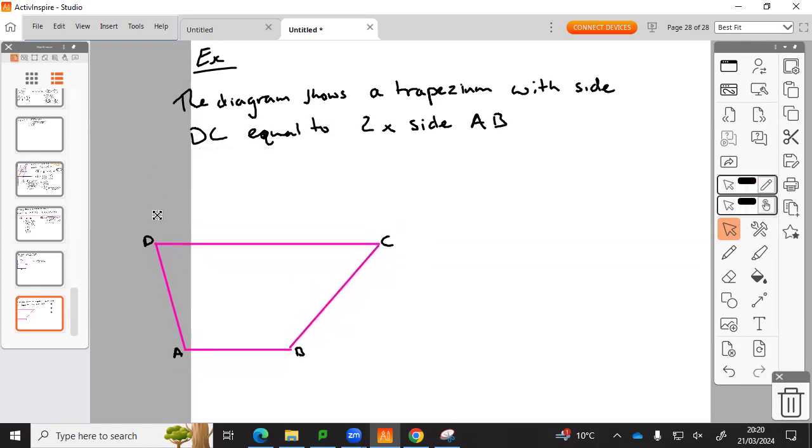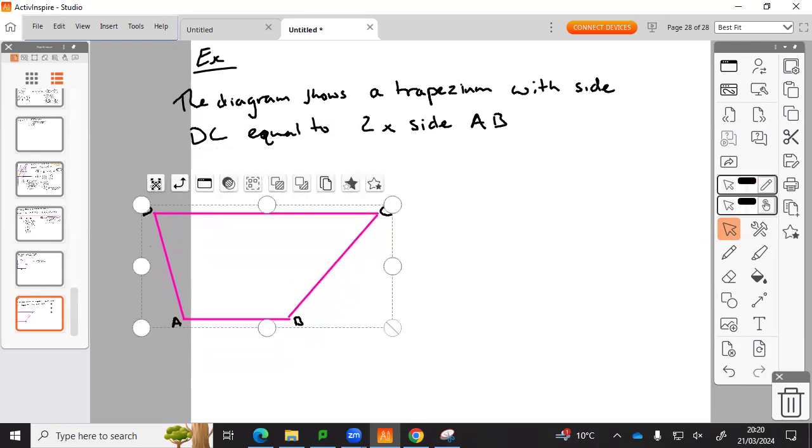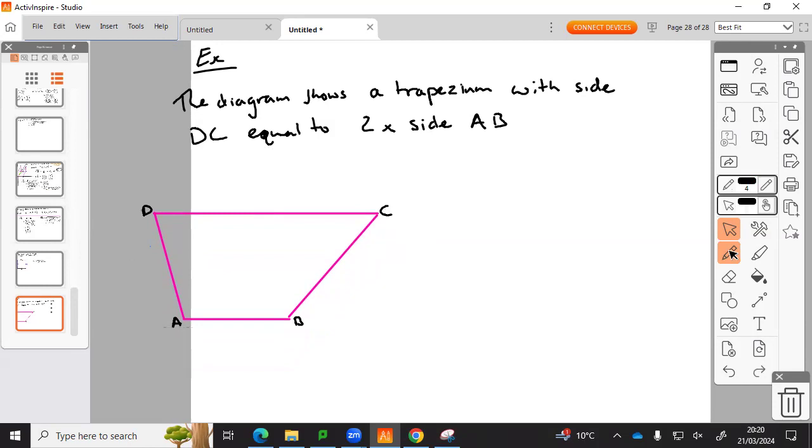Also, as part of the question, it gives us the notion that vector AB can be denoted as U, and vector BC can be denoted as V. Okay, so that's the question you're presented with.